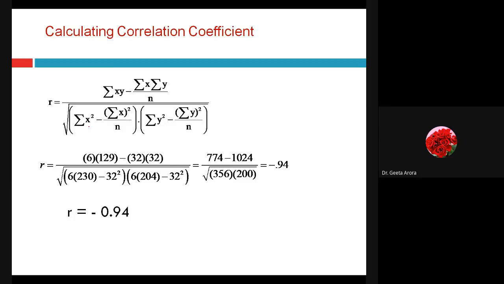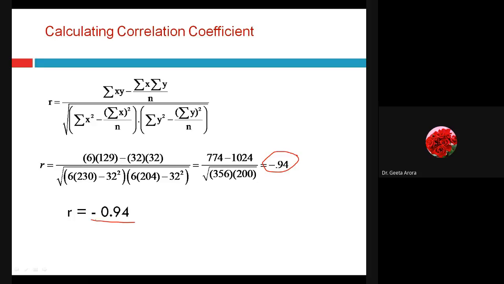So on substituting the values of summation xy, summation x, summation y, and summation x square, y square, we get a value of minus 0.94. Right, so what will we say now? The relation is a negative correlation, and it is strong as well.